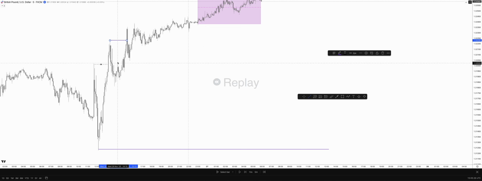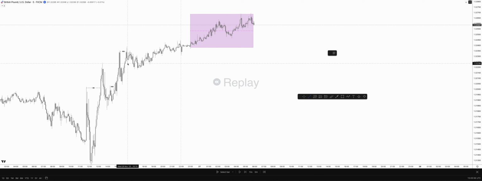Okay, now what about this? Well, we just don't look at this. This is not anything we're interested in. So then yet again, we go through here, we see a wick break. So what does that mean? Well, at this low, there is no liquidity.